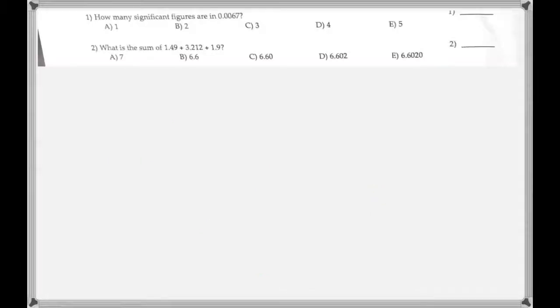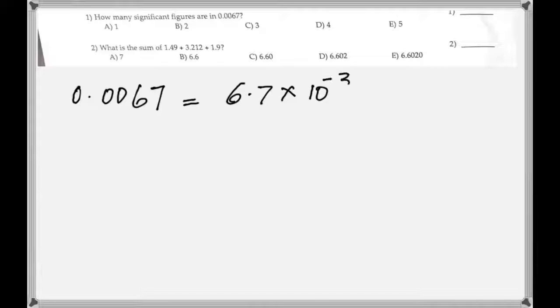Now, the first question talks about how many significant figures are in 0.0067. To find the correct number of significant figures, the best method is to write it in scientific notation. And in scientific notation, you have to have the decimal place after the first non-zero digit.